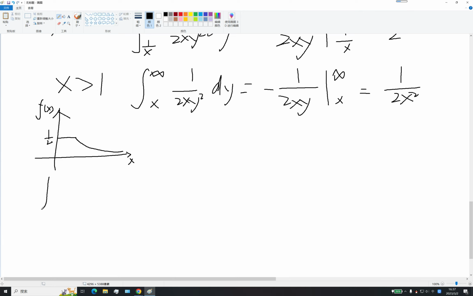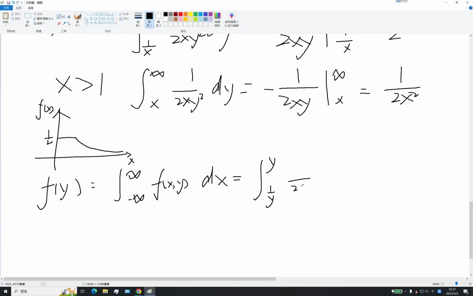So now we can calculate f_Y. This equals the integral from minus infinity to infinity of f(x,y) dx. x is between 1 over y and y, no matter which area.